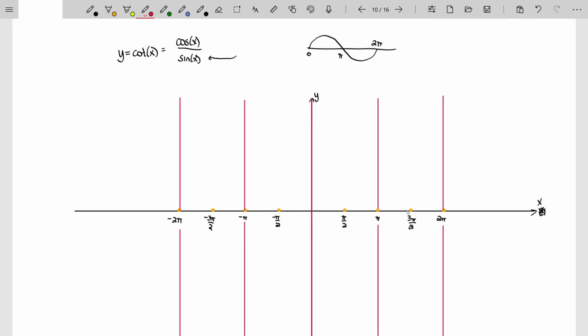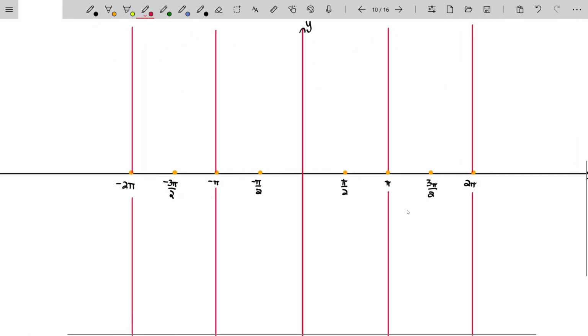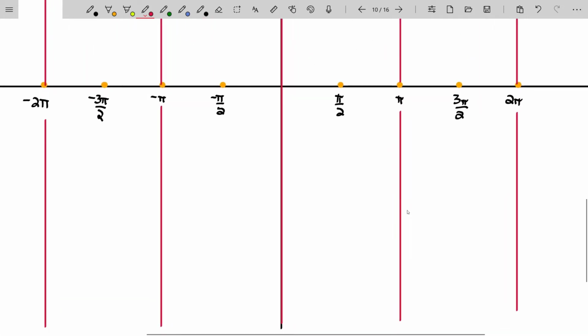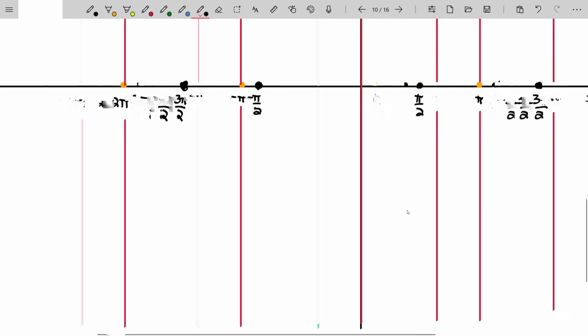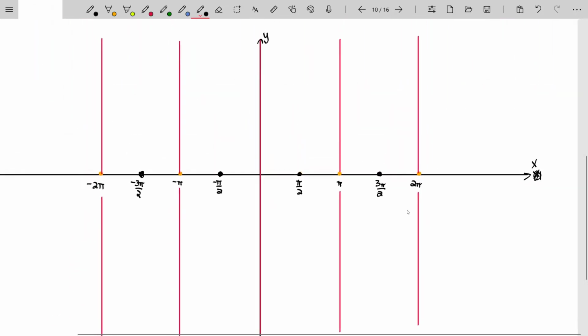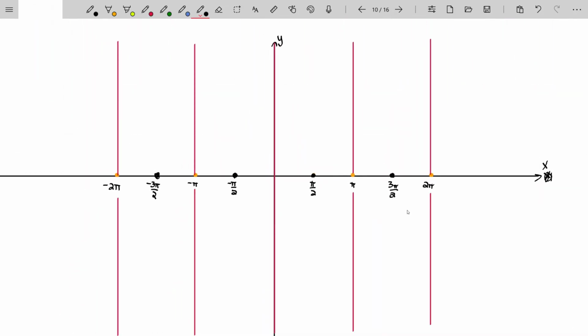From that point forward, we just have to think about where the cosine becomes 0. Because the cosine is the numerator, and the cosine becomes 0 at any odd multiple of pi over 2. And so at all of these odd multiples of pi over 2, our cotangent curve will cross the x-axis. So I'm just going to bold those in. There we go. And then I'm going to state that when you have angles between 0 and pi over 2, everything's positive.